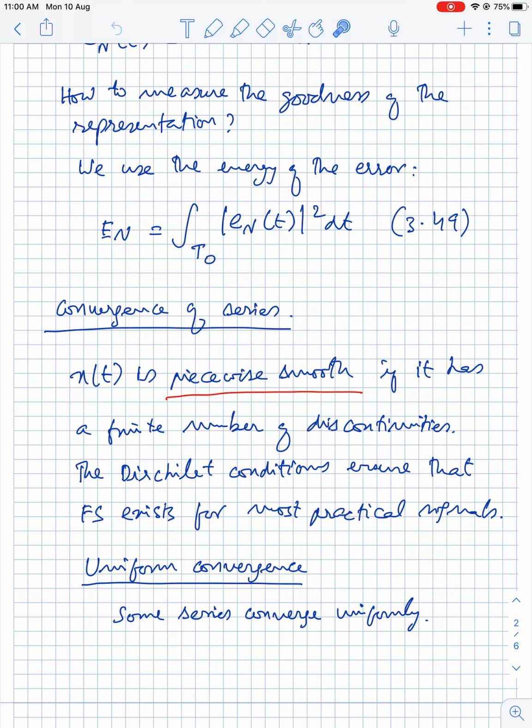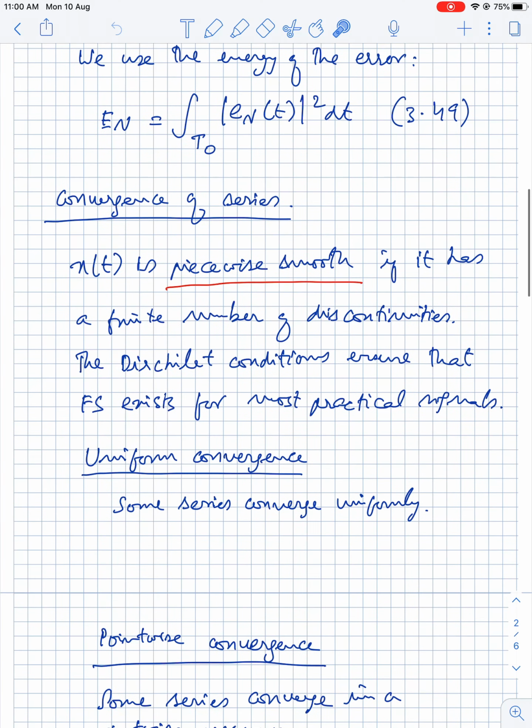We also consider the Dirichlet conditions, which ensure that the Fourier series exists for most practical signals, by excluding pathological signals which contain too many discontinuities or multiple maxima and minima. So by using the Dirichlet conditions, we look only at more practical signals, and these conditions will help us.